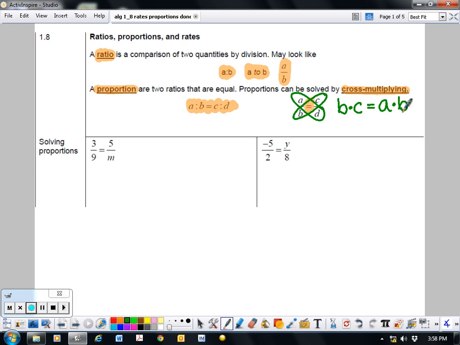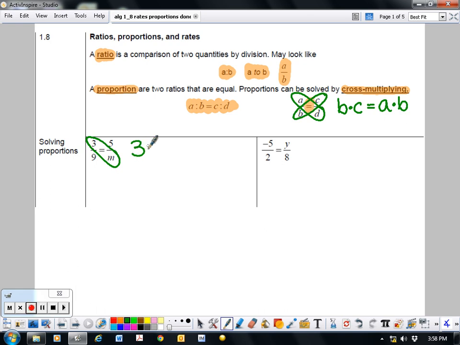So we're going to go ahead and look at some basic solving proportions. You'll see people do a cross one way first or the other way first, and it's really just preference. I tend to start with the one that has my variable first, and I don't know why. So here I would multiply across here because this has my variable.